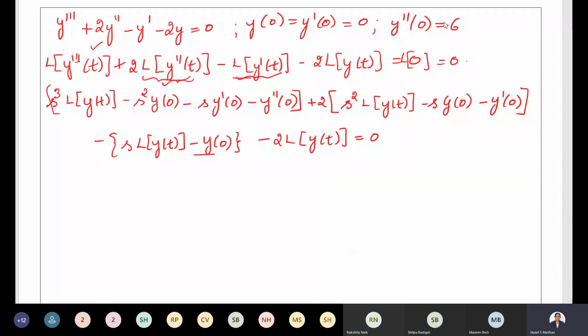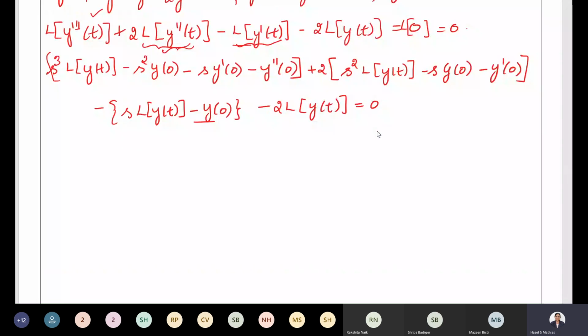Okay, now let's continue this. Now combine the terms with the same coefficient. First we will combine the terms having the coefficient Laplace transform of y of t. What is the coefficient? First here you have s cube. Then here you have 2s square.